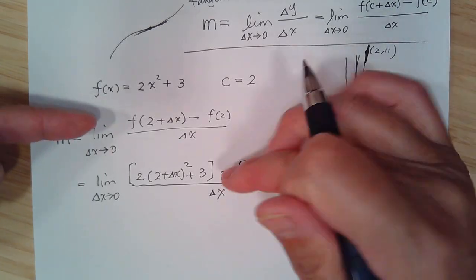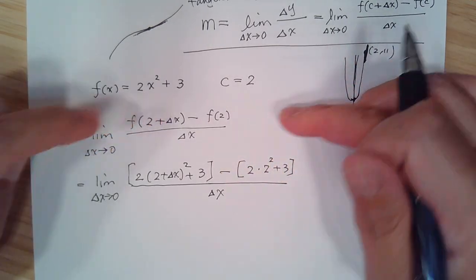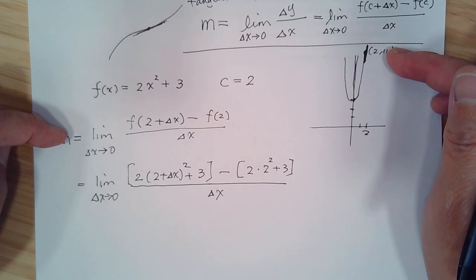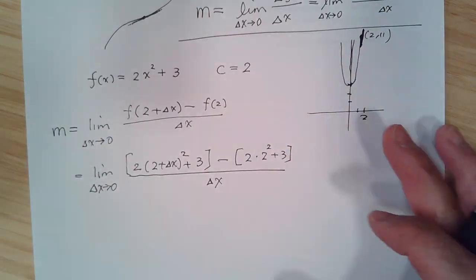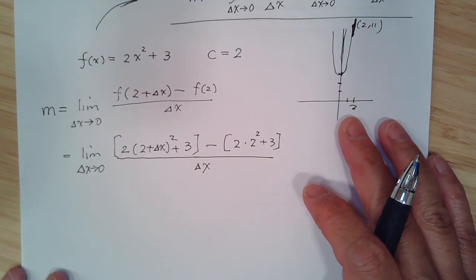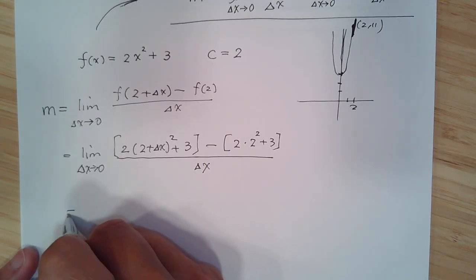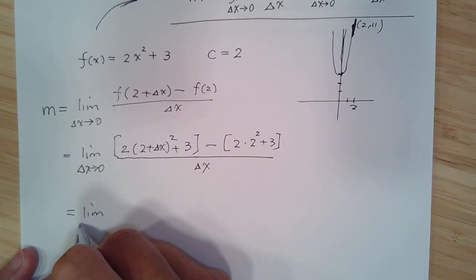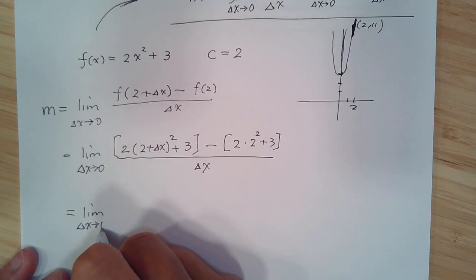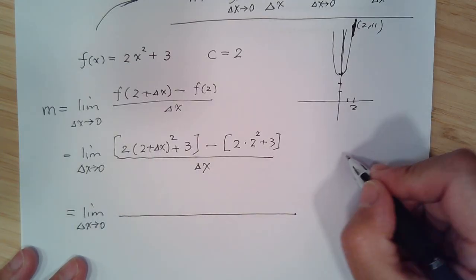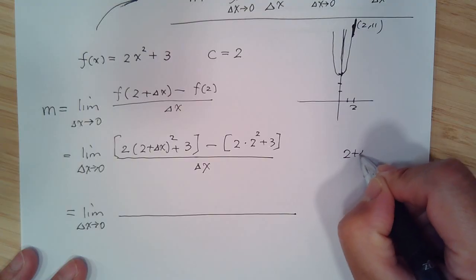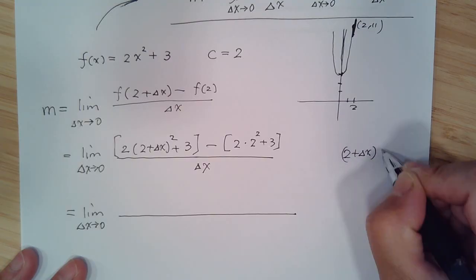Now you see from here to here, that's the definition, we already know the definition. And then next I just use what I learned in pre-calculus about everything I know about functions. Limit as delta x approaches 0. I'm going to expand the top. So (2 plus delta x) squared.